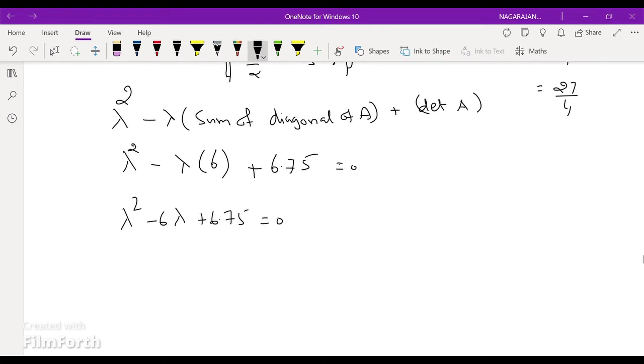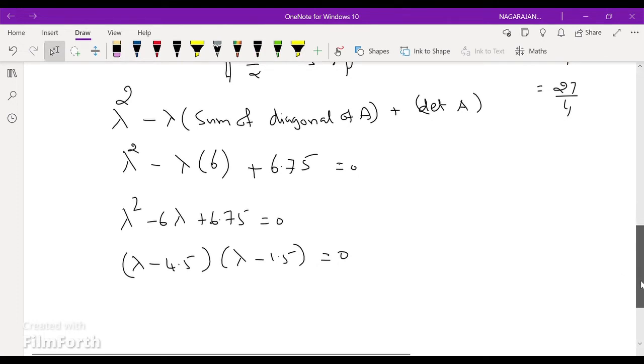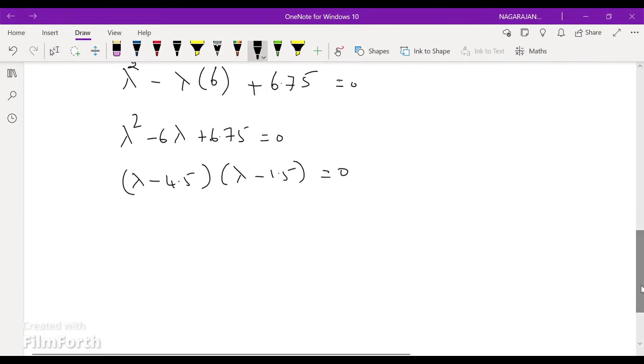So we need to find the lambdas. Multiplication is 6.75, addition is minus 6. So we can write (lambda minus 4.5) into (lambda minus 1.5) equal to 0. So lambda minus 4.5 equal to 0, lambda minus 1.5 equal to 0.